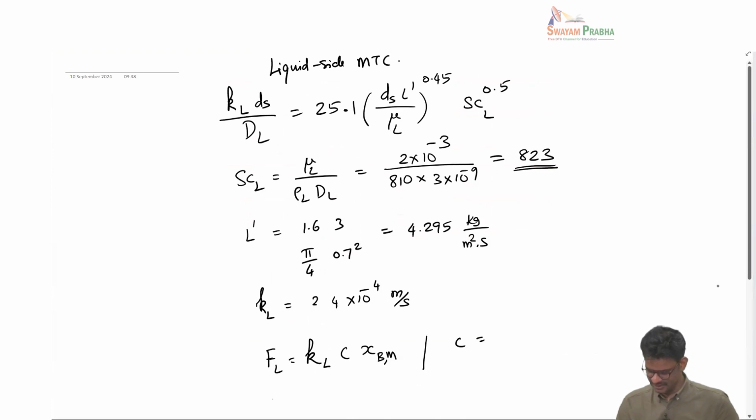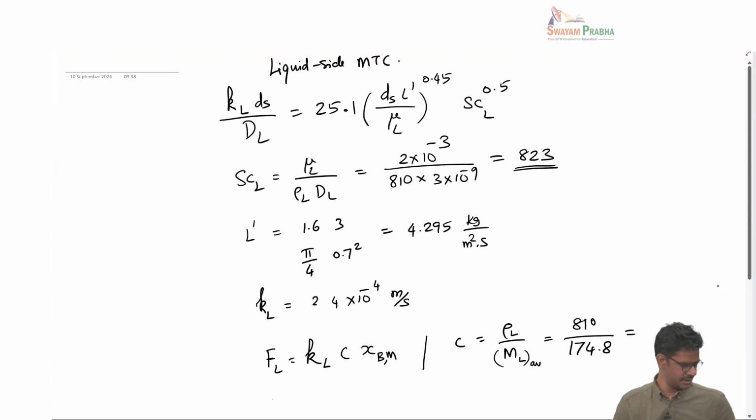Okay, so C is rho L by ML average. So this is 810. The average liquid molecular weight is 174.8. And you should get something like 4.633 kilomole per meter cube.